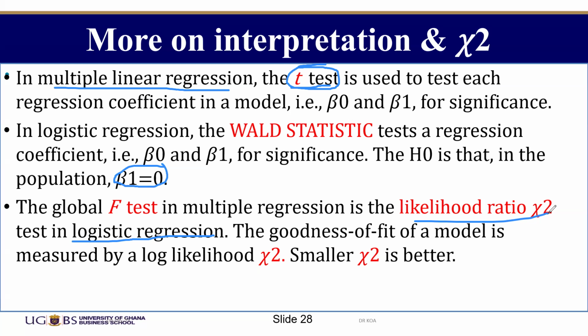But in the log likelihood, the smaller is better. Very good. So those are the two main things that we use to determine the significance of the features individually and collectively. Individually using the Wald statistic, collectively using the log likelihood chi-square ratio. That's it. This is how you handle that.